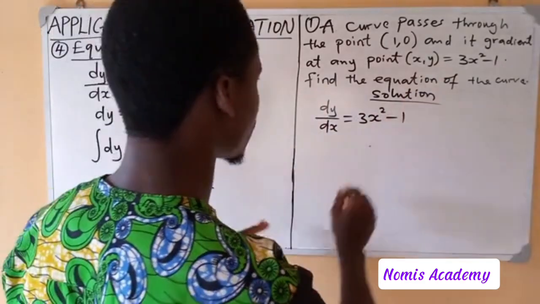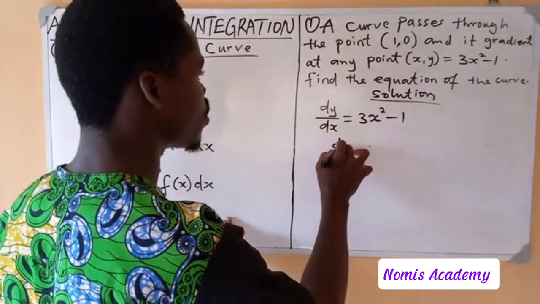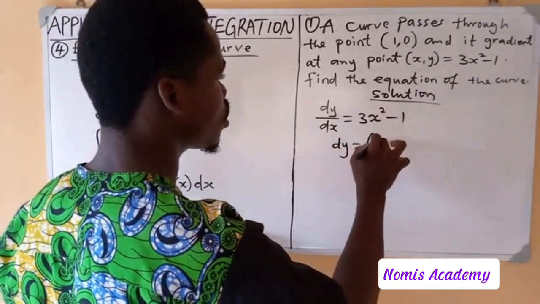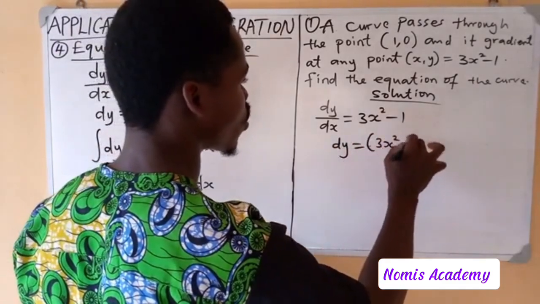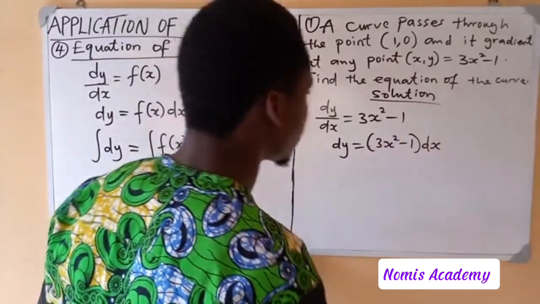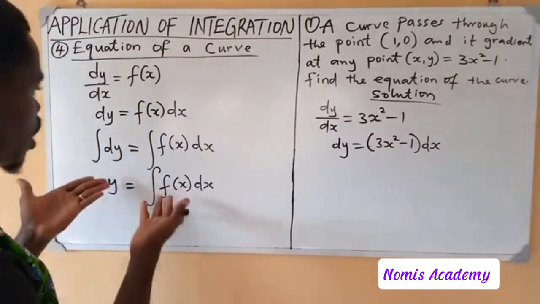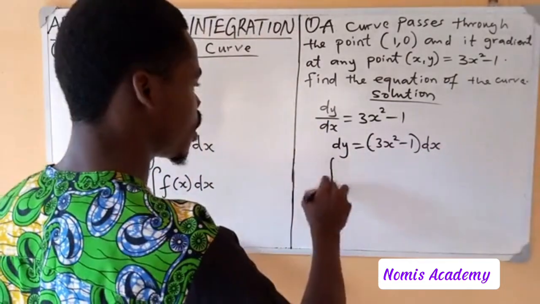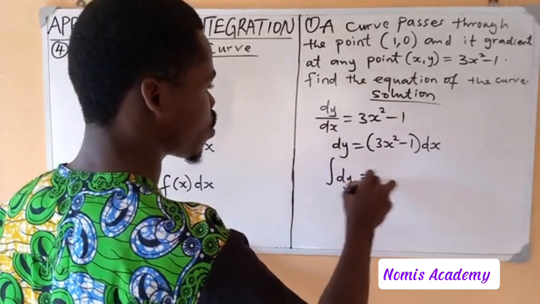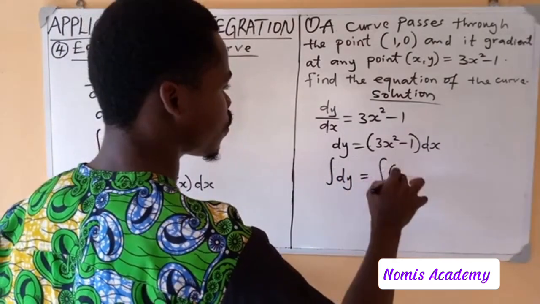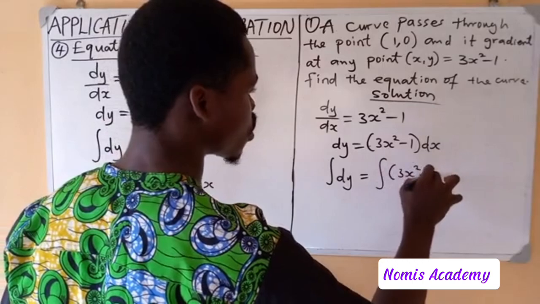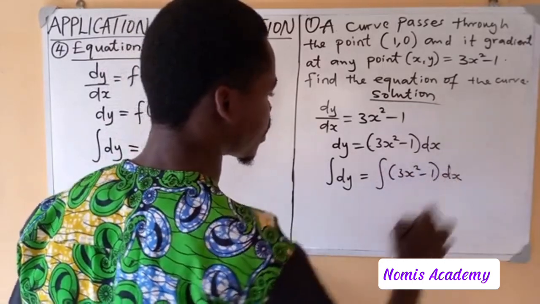Let's cross multiply. You have dy equal to 3x squared minus 1 dx. Now integrate throughout, just like what we did here. You have the integral of dy equal to the integral of 3x squared minus 1 dx.